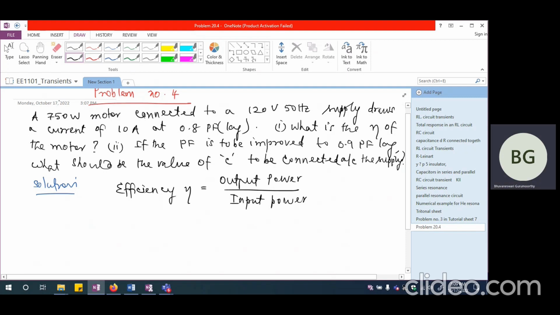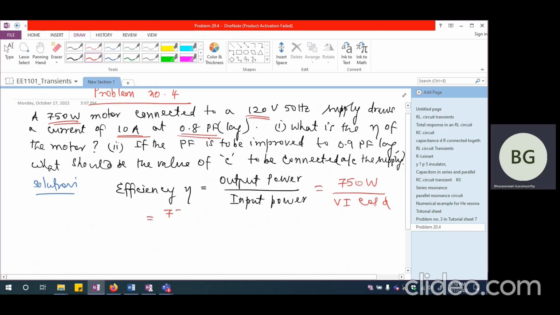Now output power is already given as 750 watts. And input power is going to be VI cos phi. And voltage is given as 120 volts. Current is given as 10 ampere. And power factor is 0.8.